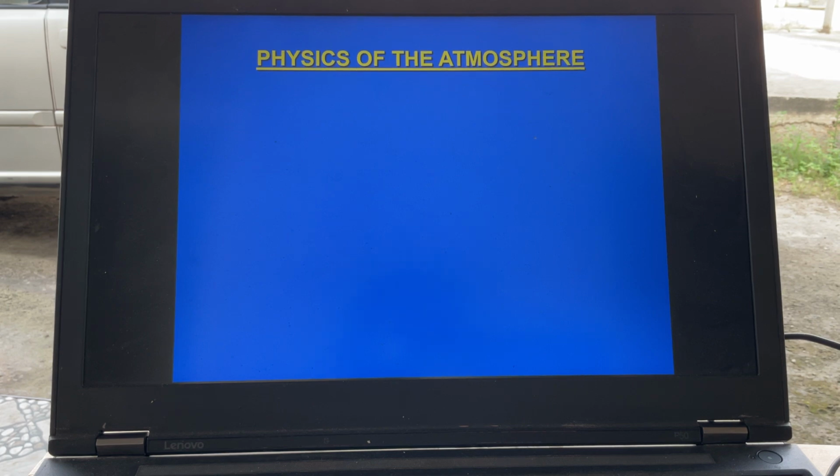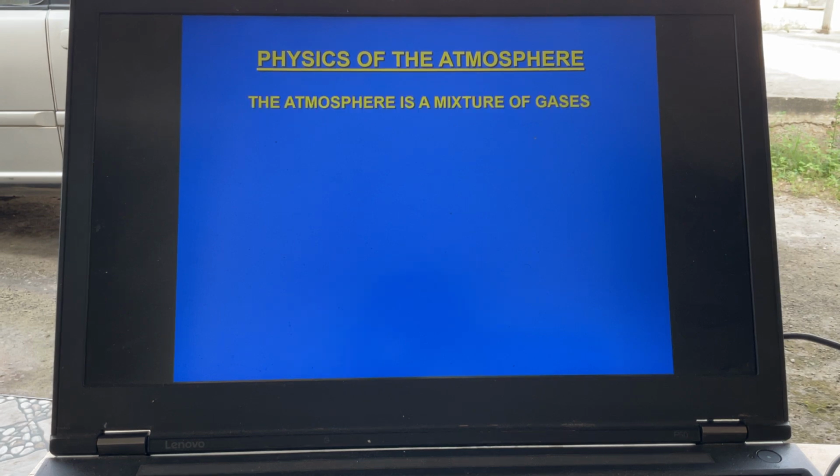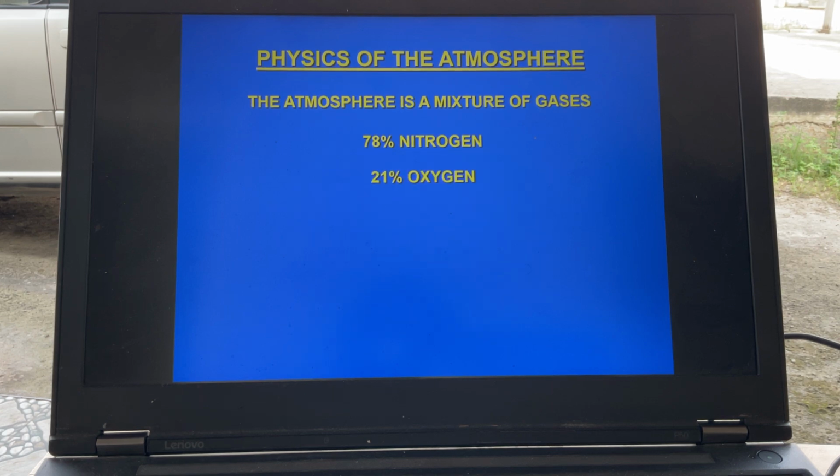in order for you to get more acquaintance with the aircraft, you need to know the physics of the atmosphere. Now, when we talk about the physics of the atmosphere, we're talking about the mixture of gases. To know how the gases are divided in composition, we have 78% nitrogen, 21% oxygen, and then 1% other, including carbon dioxide, krypton, neon.